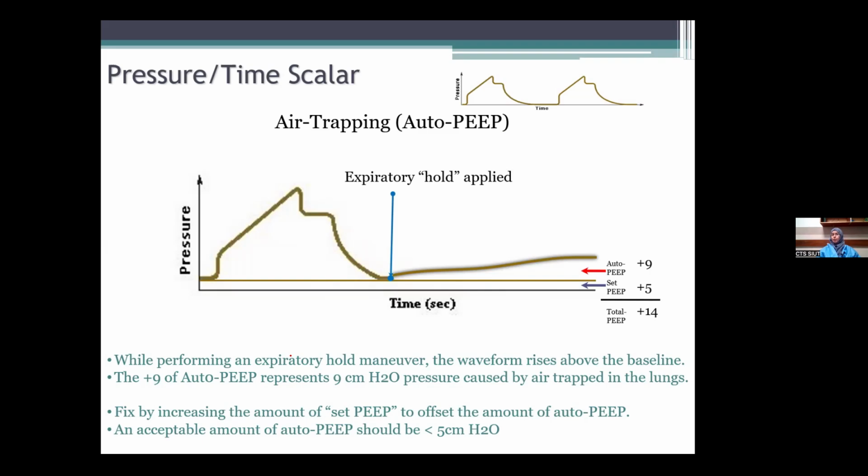And then when you deduct the amount of set PEEP, you are able to determine the total PEEP that can be applied to this patient. For all intents and purposes, you would want this auto PEEP to be lesser than 5 in order for it not to create hemodynamic changes in a patient.